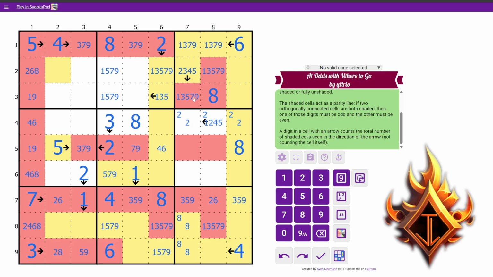Are there any other arrows? This is at least 3. Yes, there are 3 there now. Can it still be 5? If it is, that was going to be 1, 2, 3.